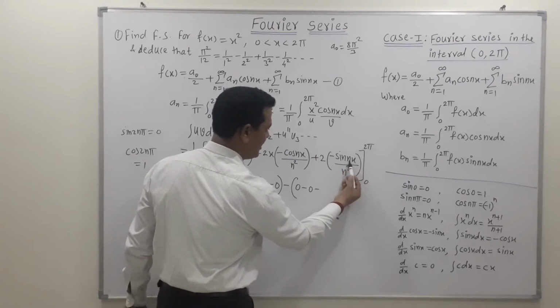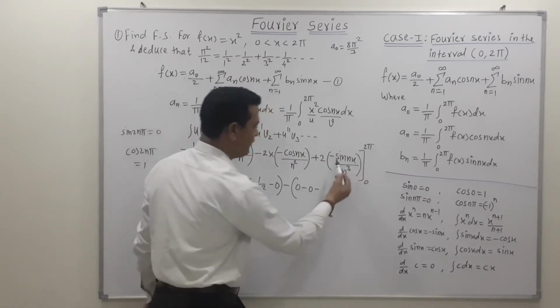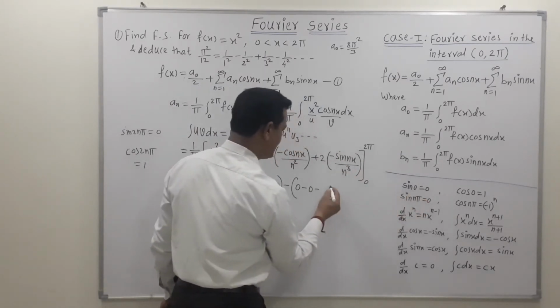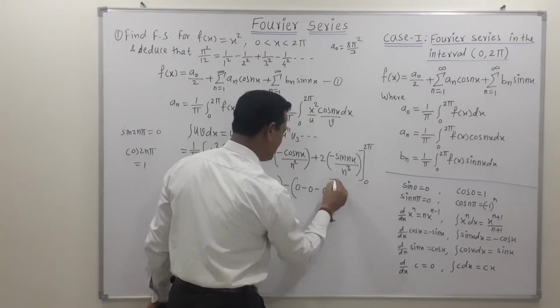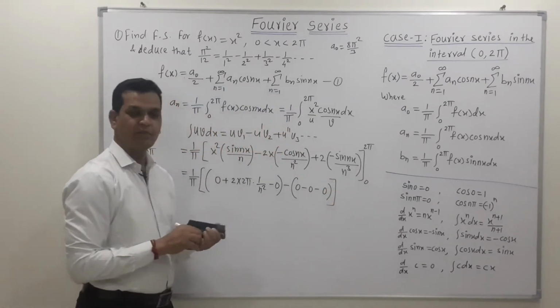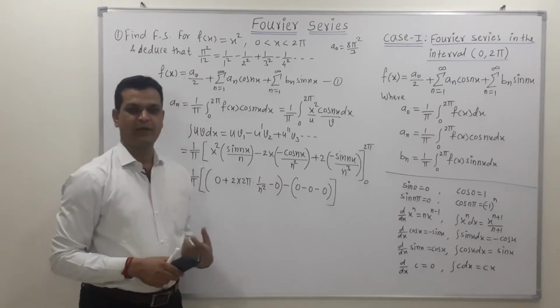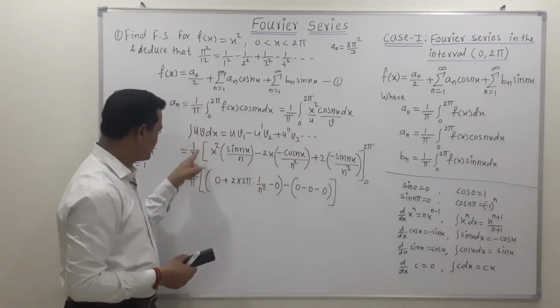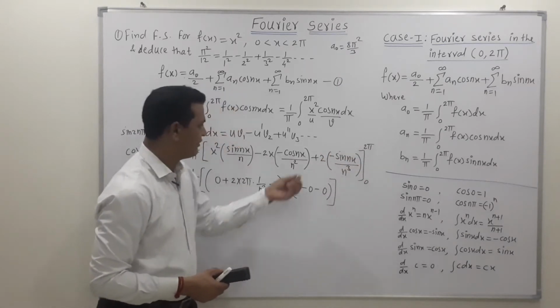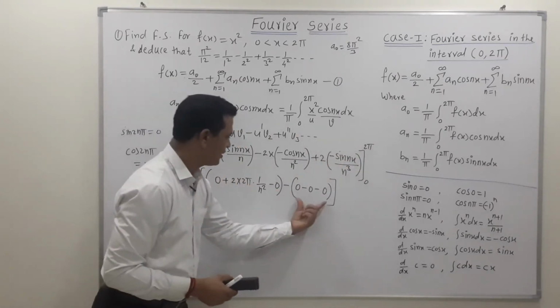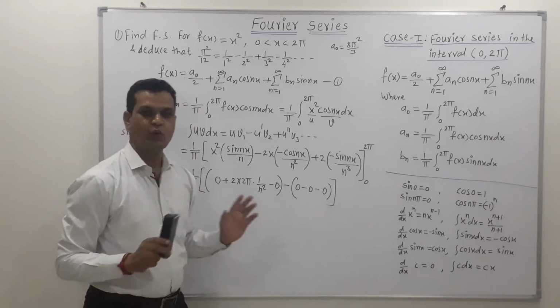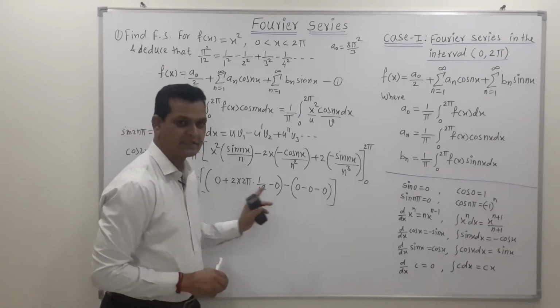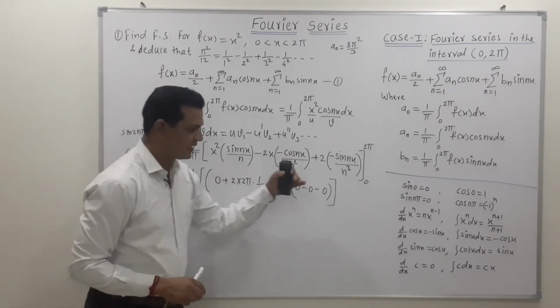Now for the next term, if we put x equal to 0, we get sine of 0, and sine of 0 is 0. So that's why this term is also equal to 0. So this is a very important step for putting the value of upper limit and lower limit. When we find the value of integration, use a rectangular bracket, and when we put the value of upper limit and lower limit, use a circular bracket, to avoid confusion between the sign and the calculation term.